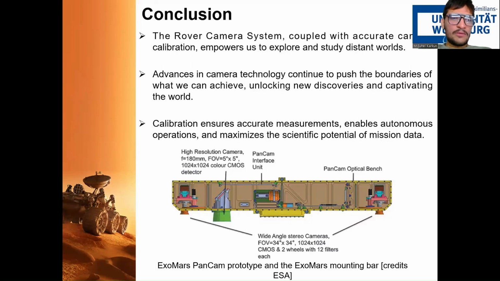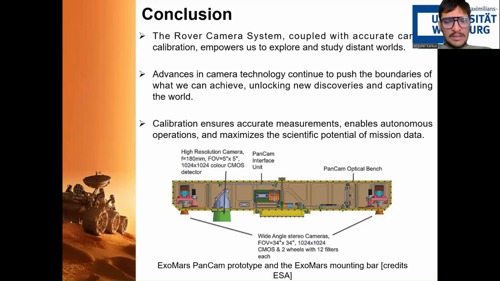There is no limit for further research, as we all know. Calibration ensures accurate measurements and enables autonomous operations, maximizing the scientific potential of mission data, with as much data as possible, so we can analyze and get more information about different planets.